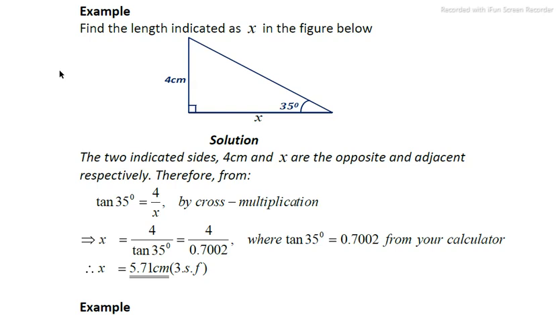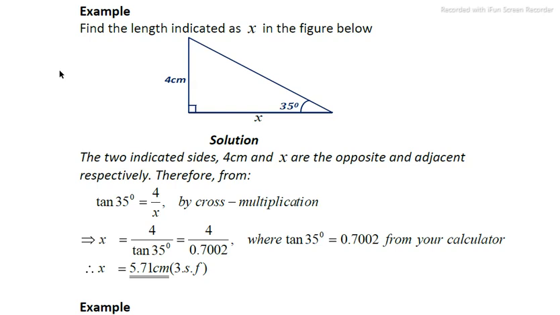So in this, XC is the adjacent to the angle. When we want to find x, we must first determine which of the 3 ratios connects the angle of 35 to the opposite and adjacent.